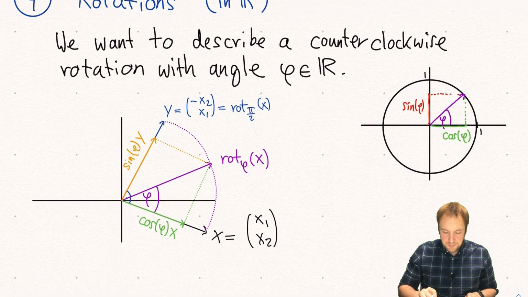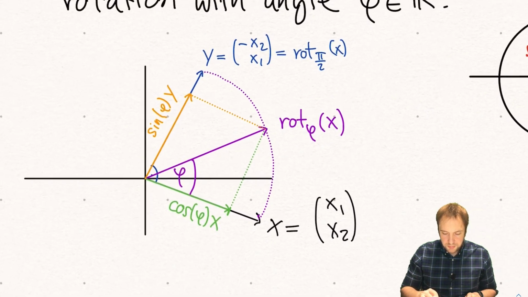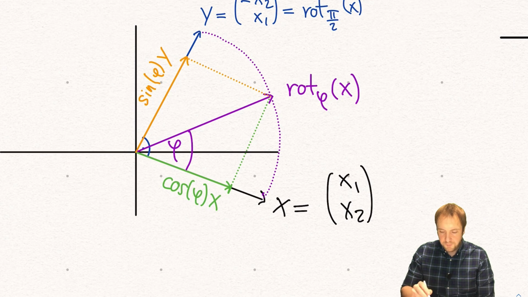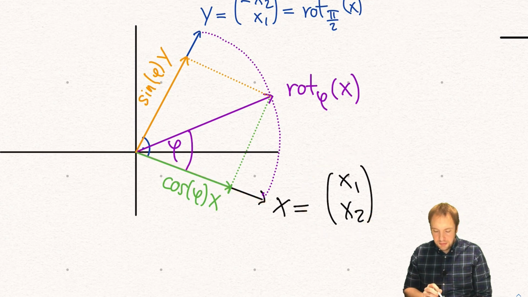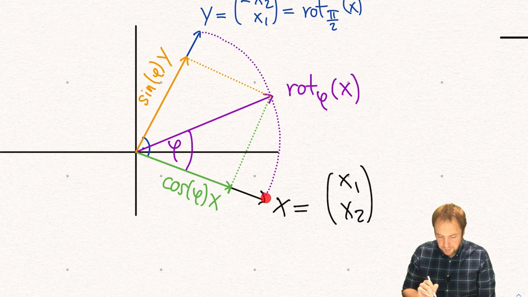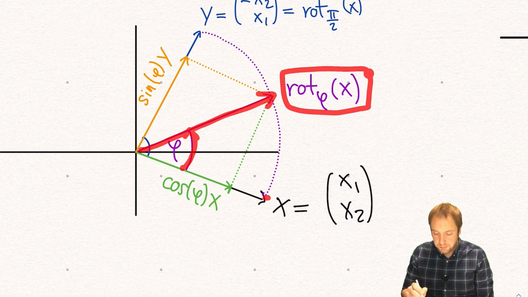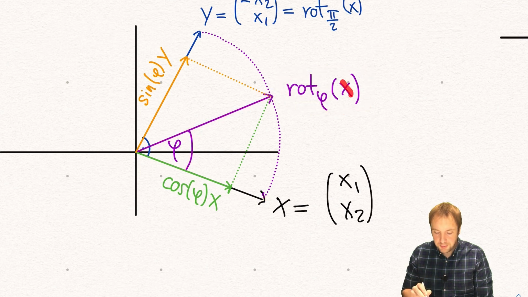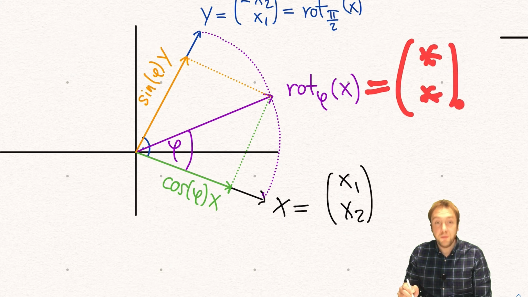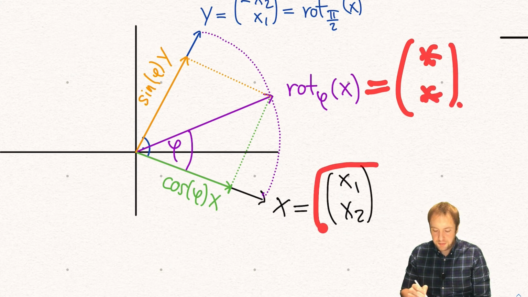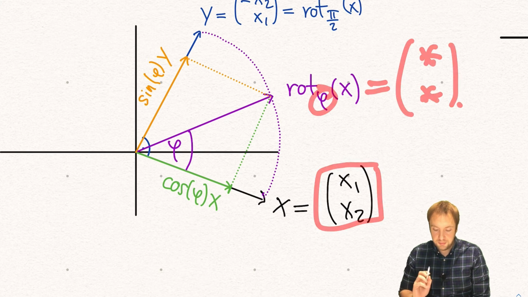And now let's use this to describe the rotation of a vector x. So here we have a vector x with entries x1 and x2, and we want to rotate this vector by the angle phi. So we want to obtain this vector here, which we will denote by rot, for rotation by an angle phi, of this vector x. And now we want to find what the entries of this vector are, depending on the entries of x and depending on this angle phi.